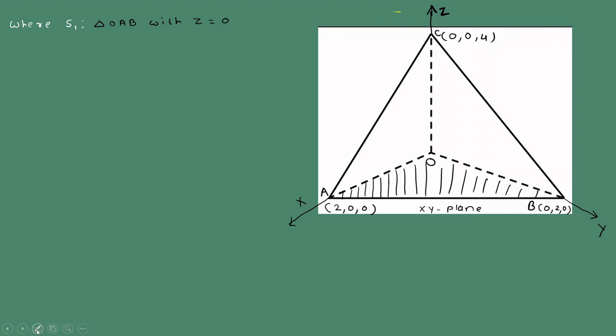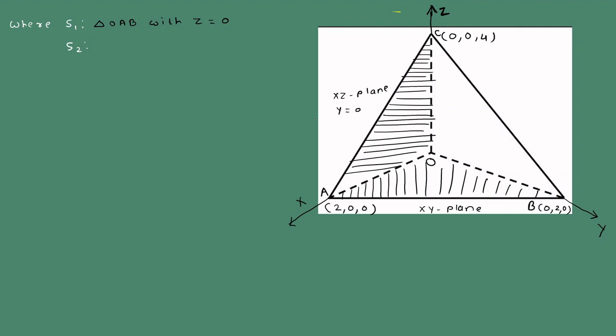Now, what is S2? S2 is this, which is the xz plane. XZ plane means y equals 0, which is triangle OAC, with y equals 0.